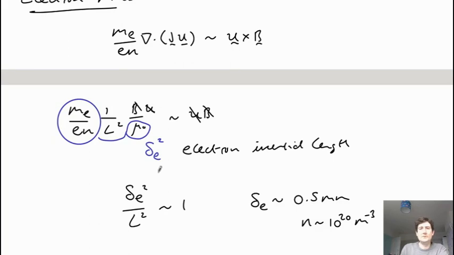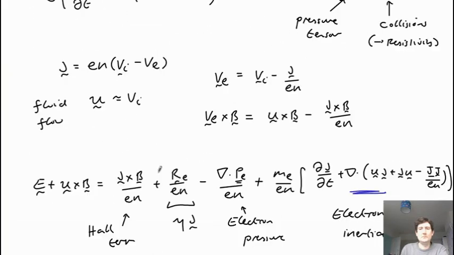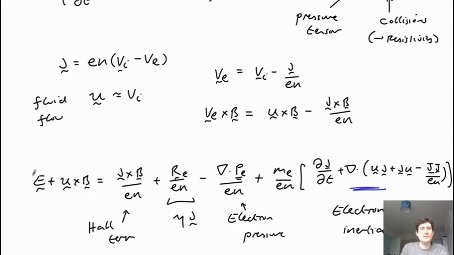Okay, so that's a summary of the main terms. You can see that these are the generalized Ohm's law terms, and ideal MHD is just this part. This is the ideal MHD part that we've been looking at so far. We've now gone through the other terms which appear in more complete models and seen when they become important.